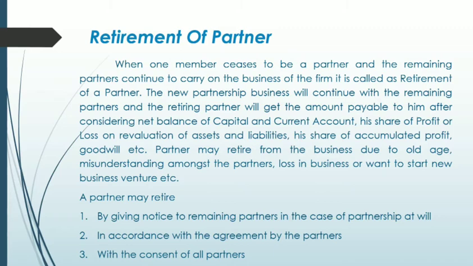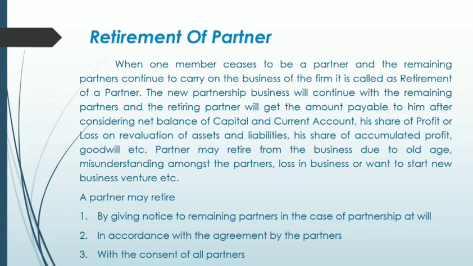A partner may retire from the business due to old age, misunderstanding among the partners, loss in business, or wanting to start a new business venture, etc. A partner may retire by giving notice to the remaining partners in the case of partnership at will.